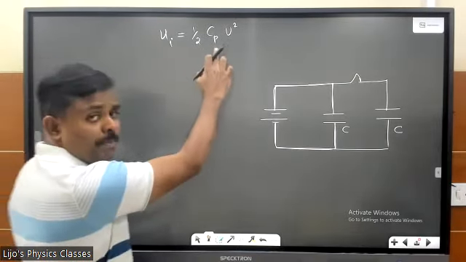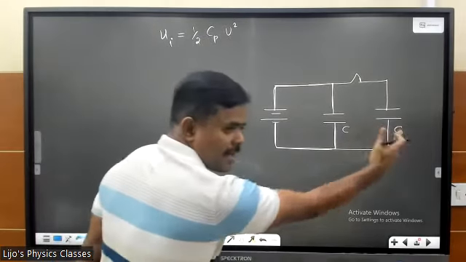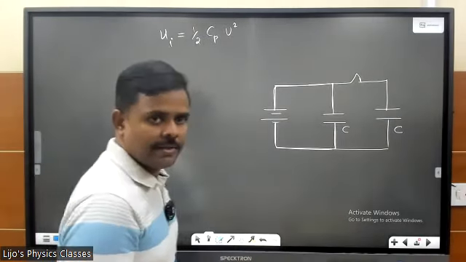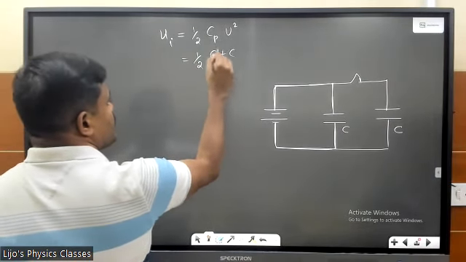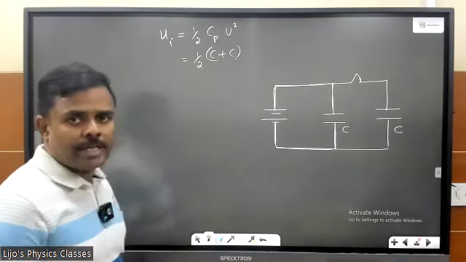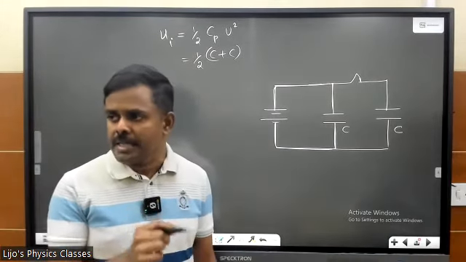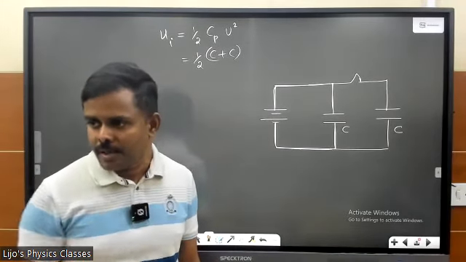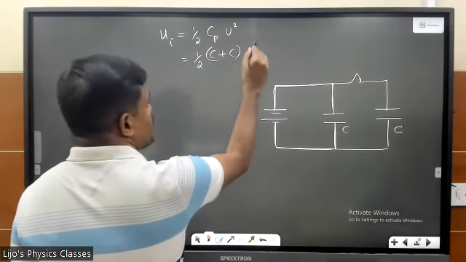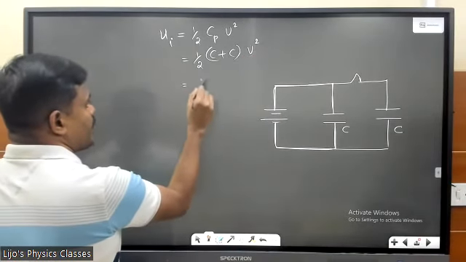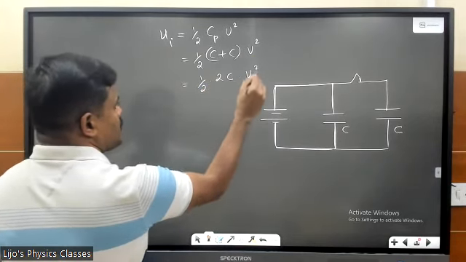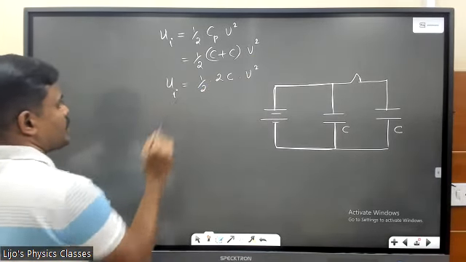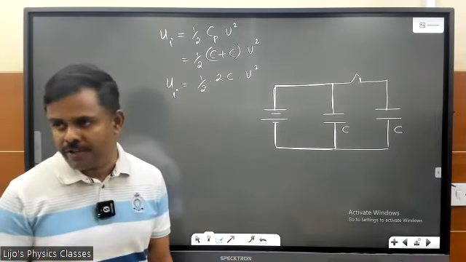But here Cp has to be taken because they are in parallel combination. Right. So let us put the value. What is the effective capacitance in parallel combination? Cp is equal to C1 plus C2. Got it? C1 plus C2 into V square. So what am I getting now? Half into C plus C is 2C into V square. This is the energy of the initial configuration.